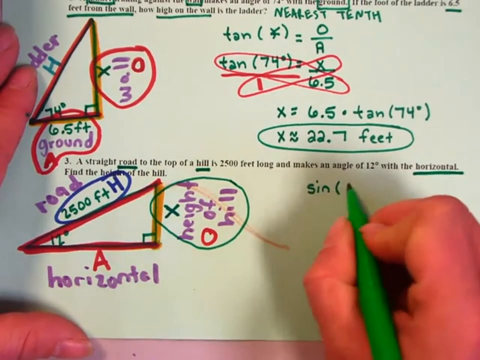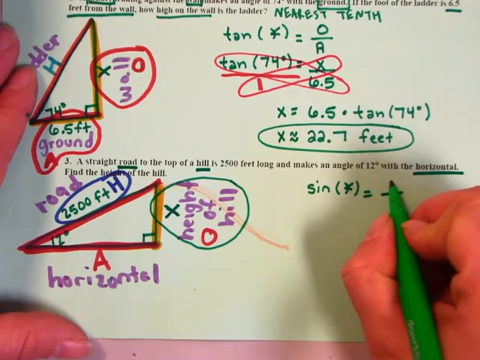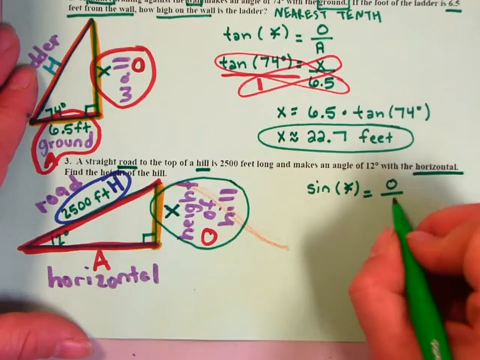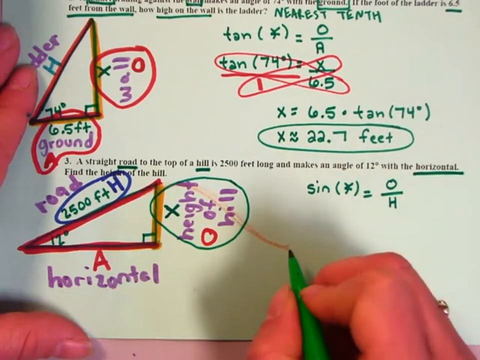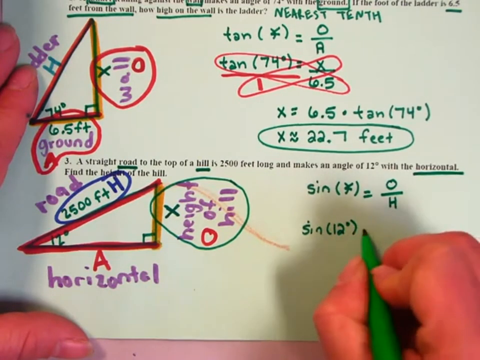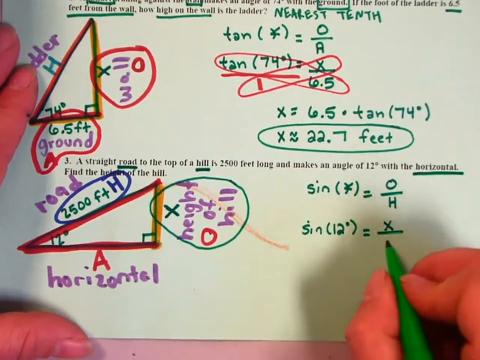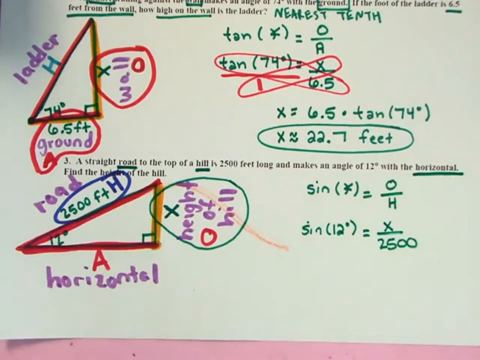So the sine of an angle is what or what? O over H. So the sine of 12 degrees is equal to, what is my opposite? X. What is my hypotenuse? 2,500.